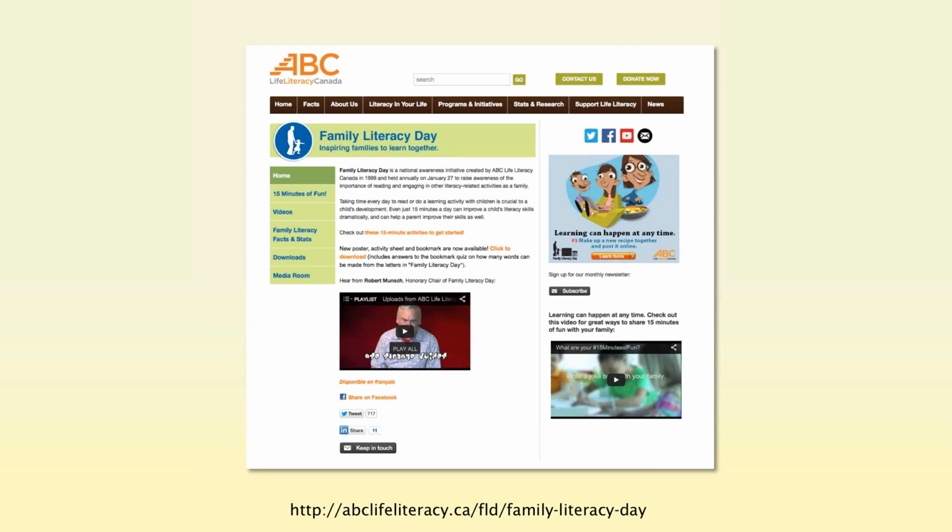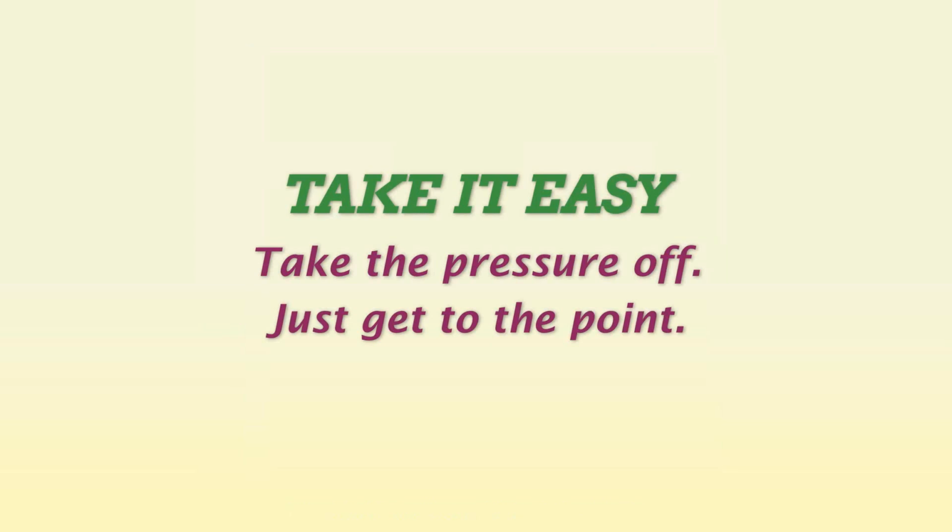The take-it-easy takeaway for this point is that it takes the pressure off. When you get straight to the point, you don't have to worry about setting the stage and warming your reader up. They want you to just tell them what they can expect on that page.